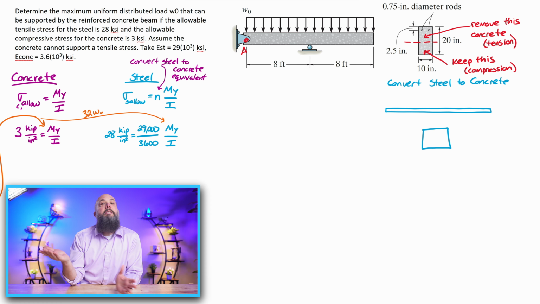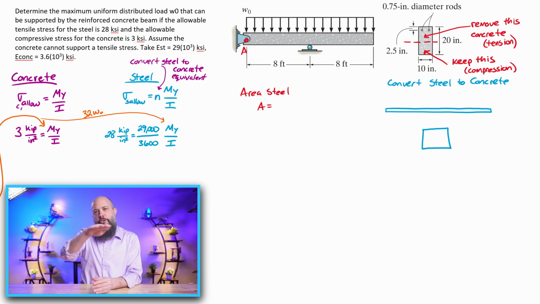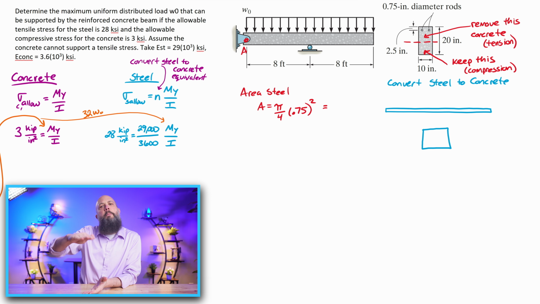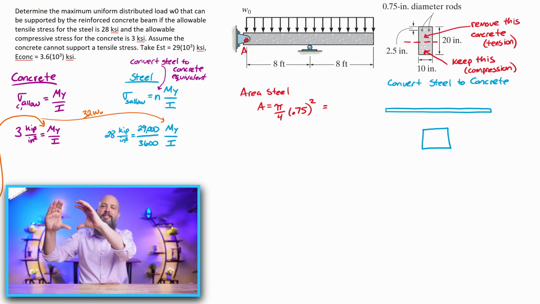Concrete does not support load in tension. Concrete can only support load in compression. So wherever the neutral axis ends up being, everything below that is totally fine. It's in compression. We got regular, normal concrete holding load in compression. But above the neutral axis, that's why we have the steel, because all of the concrete that's up there just gets ignored.